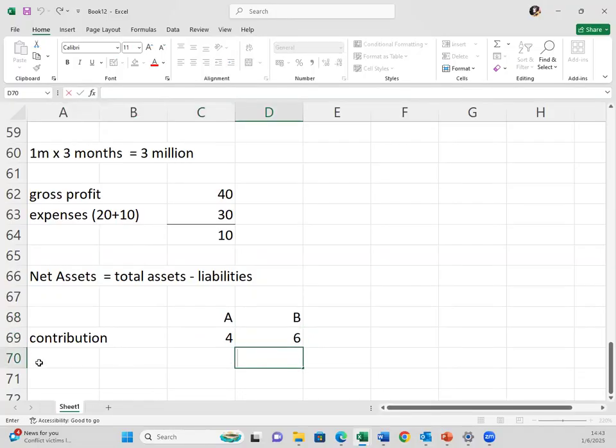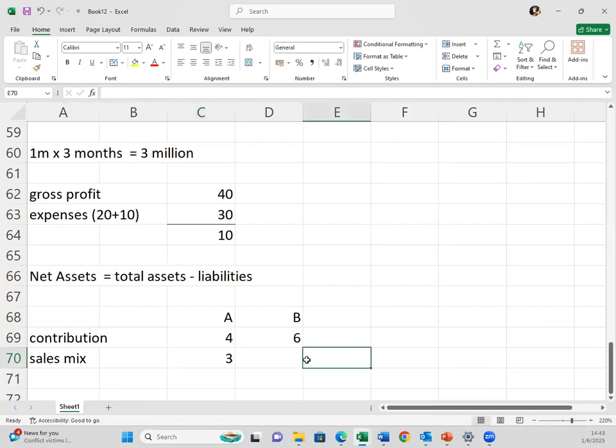Then the sales mix ratio. Let's say we were selling 3:1.